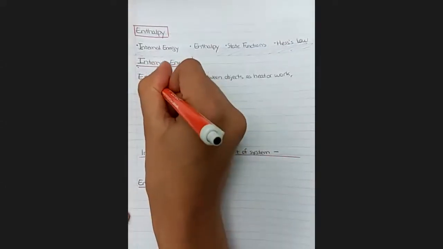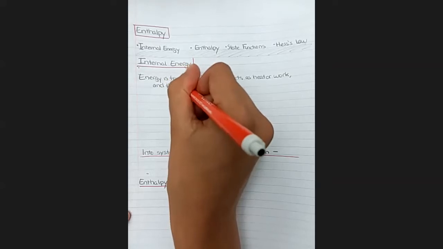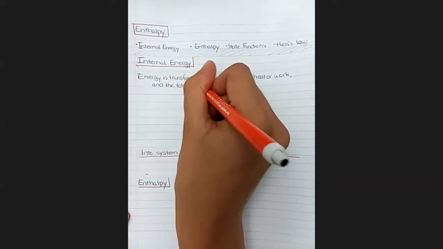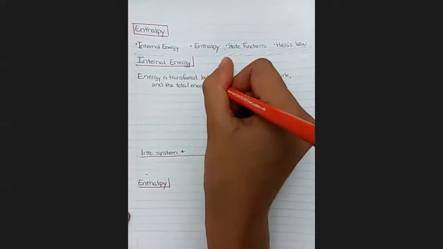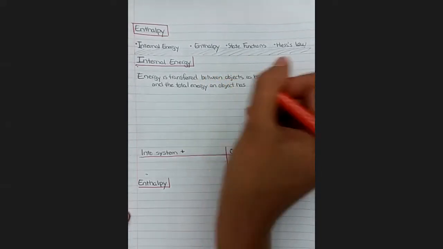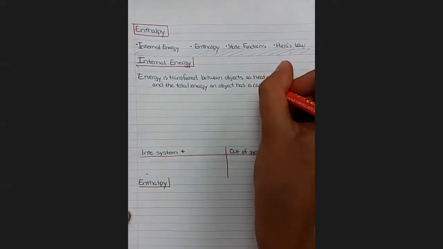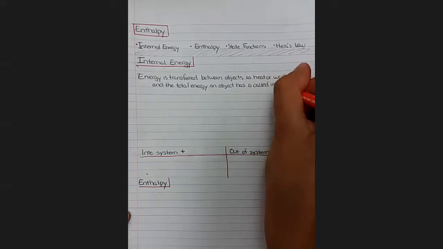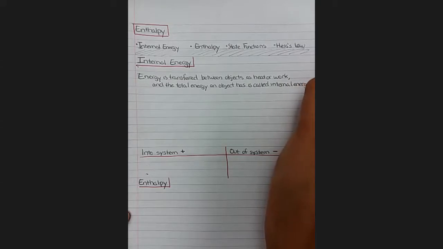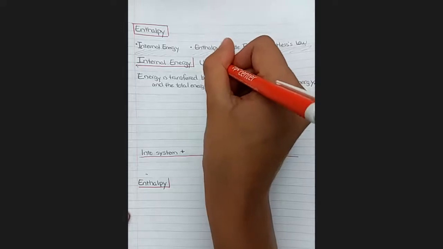And so we're going to name the total energy that an object has after those energy transfers have happened. The total energy an object has after the transfer, that is called internal energy. And we usually represent that as U, but some textbooks use E for energy, so watch out for that.